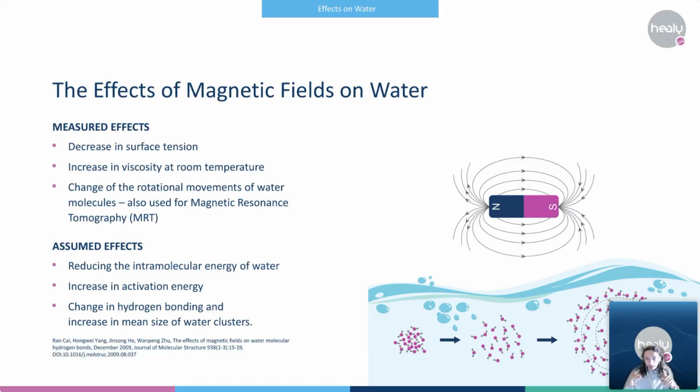That's now a very important point, because before you have the decrease of surface tension, which would indicate that those clusters maybe decrease. But here you have the assumed effect of a change in hydrogen bonding and an increase in mean size of water clusters. So what does that mean? That new clusters form based on the magnetic field.